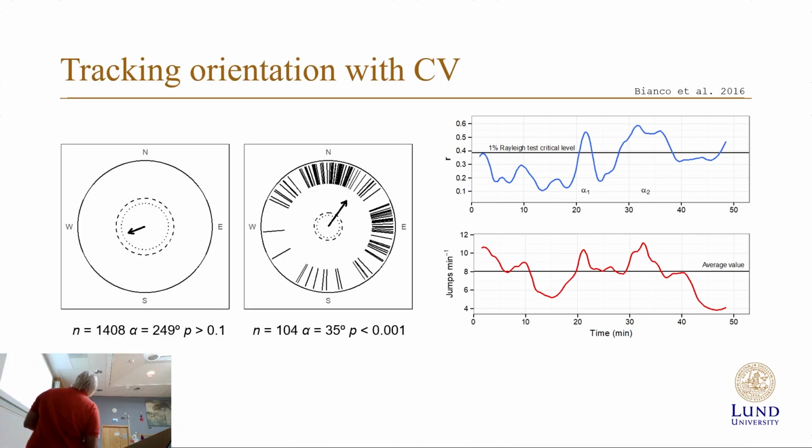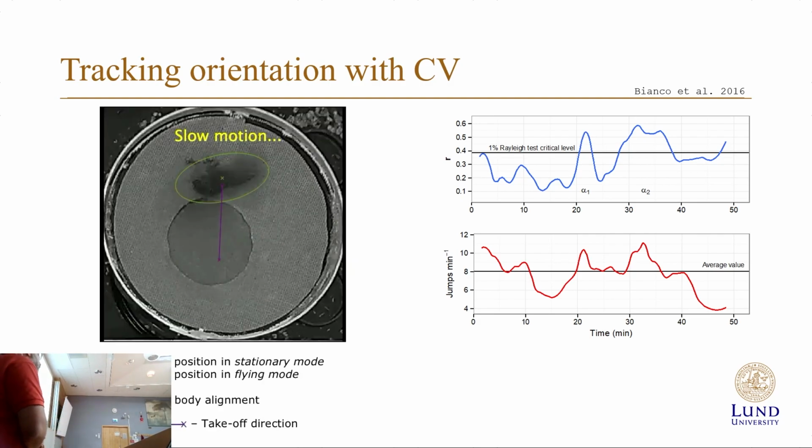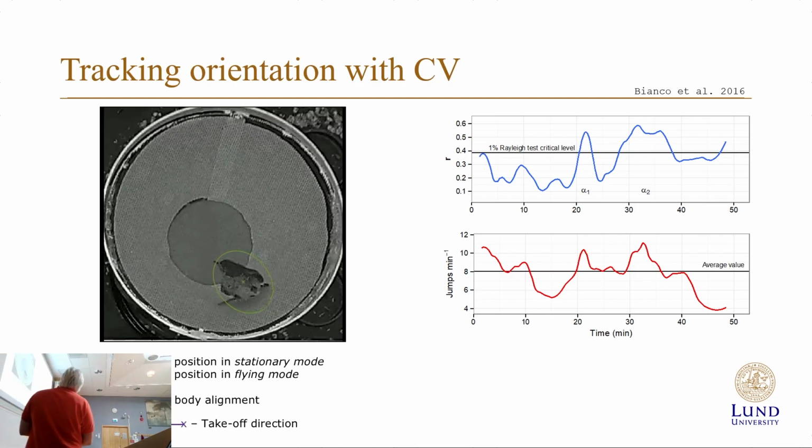As you see, the orientation that they provide is different, and the thermal paper doesn't even reach the significance level that the camera does. So we are set on trying to track the takeoff direction of the bird itself.